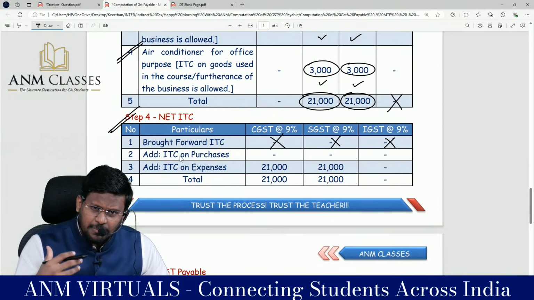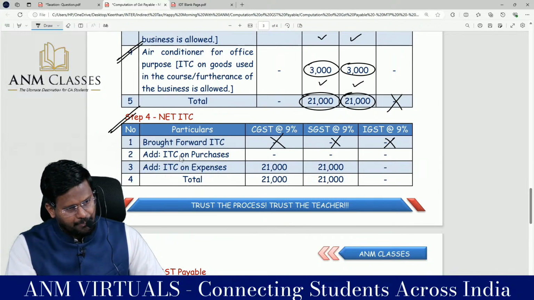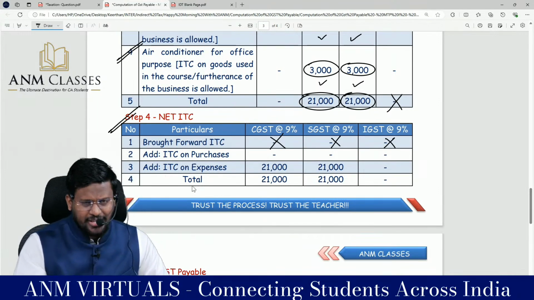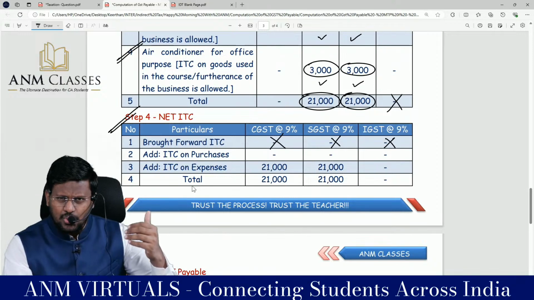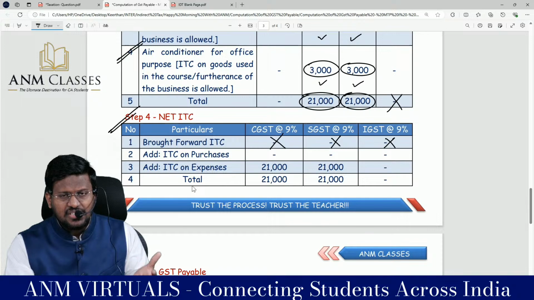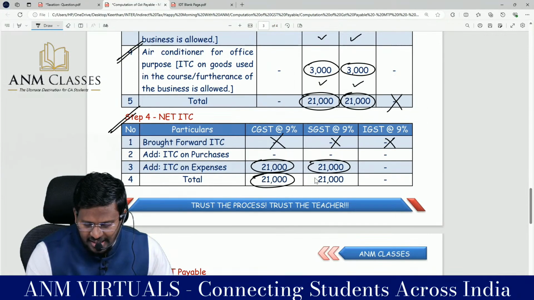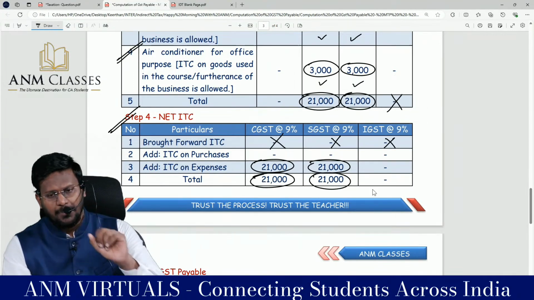Since this is a service provider, ITC on purchases will not come, right? ITC on expenses, he has incurred so many expenses. Out of that, certain credits are eligible, certain credits are ineligible. Whatever credit is eligible is 21,000 and 21,000, that we have finalized in step number 3.